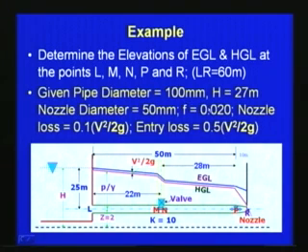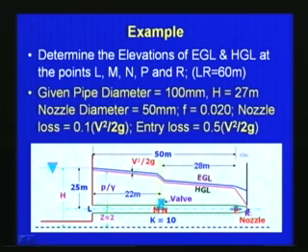The friction factor for the pipe is given as 0.02, and the nozzle loss, the exit loss with respect to this nozzle, is given as 0.1 V square by 2G, and the entry loss is given as 0.5 V square by 2G. For these points L, M, N, P and R, we have to find the elevations of EGL and HGL.